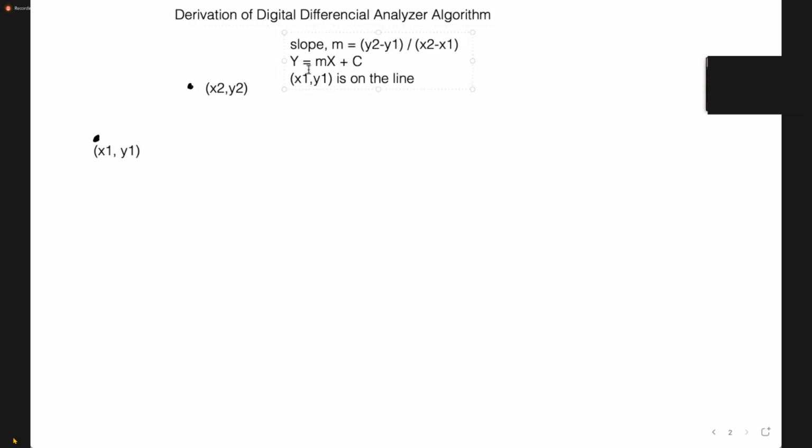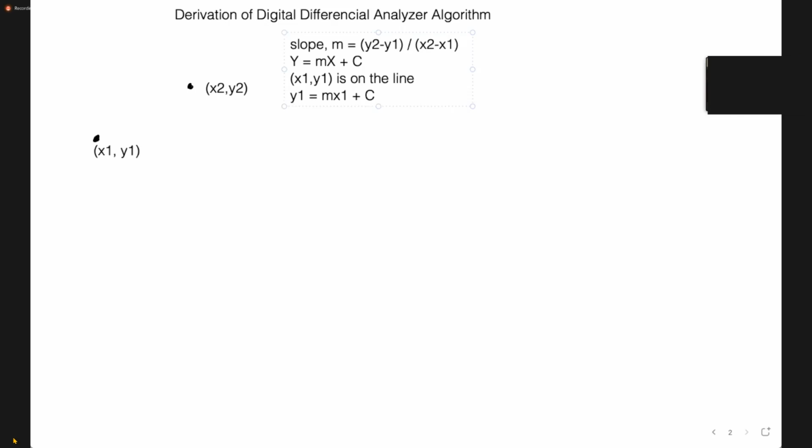Therefore, this x1, y1 should satisfy this particular equation. Therefore, I will write y1 equals mx1 plus c. Right?